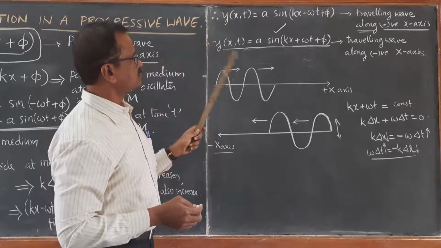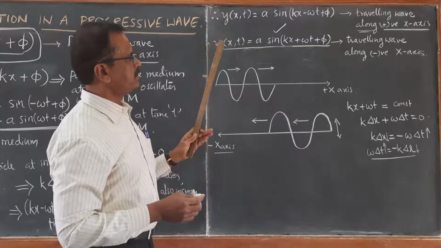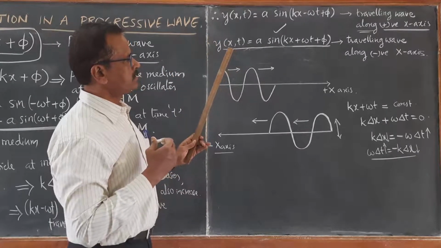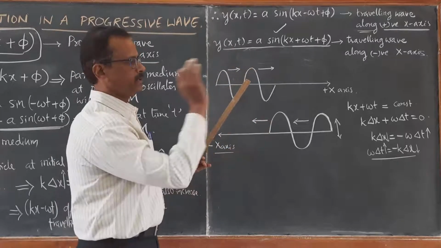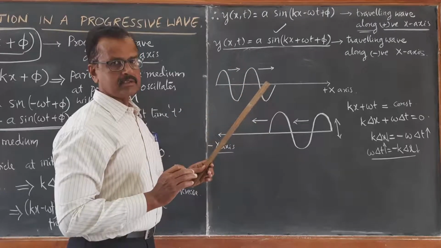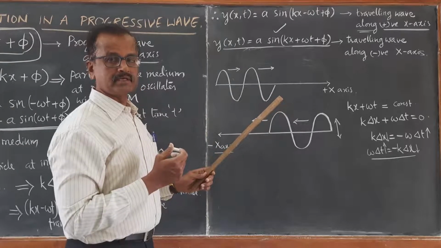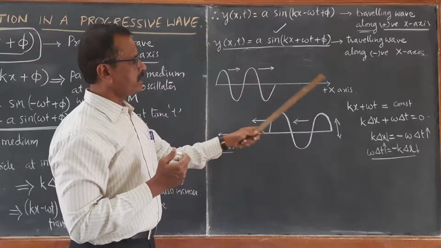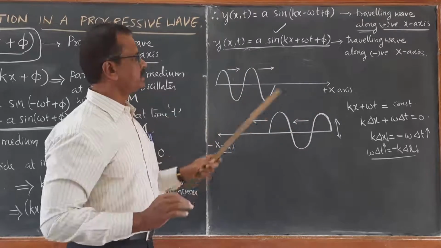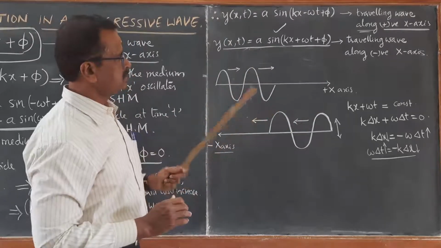This will be helpful in understanding the waves incident on a rigid wall and the waves reflected from a rigid wall. So incident wave and reflected wave can be studied with the help of these equations.